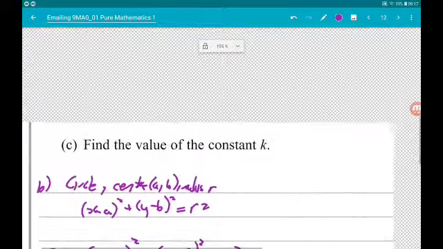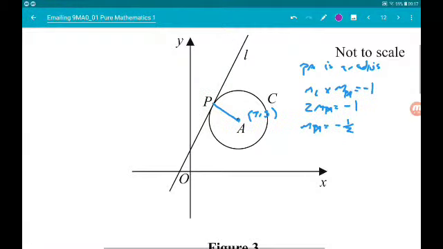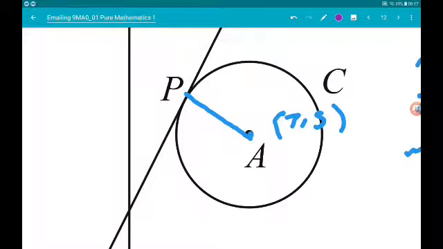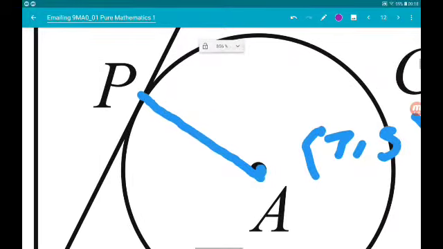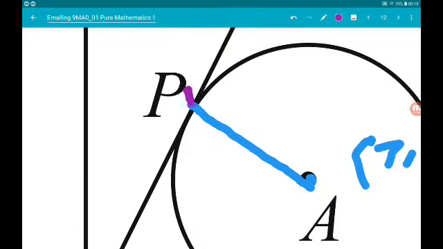So what we need to do is find the value of r, the length of the radius. To do that, we need to know 2 points on this line. So we know one, we know the centre of the circle. What we also need to work out is the coordinates of P. So, we know that P lies on these two lines, L, y equals 2x add 1, and PA, which was 2y add x is equal to 17. So we're going to solve these equations simultaneously.